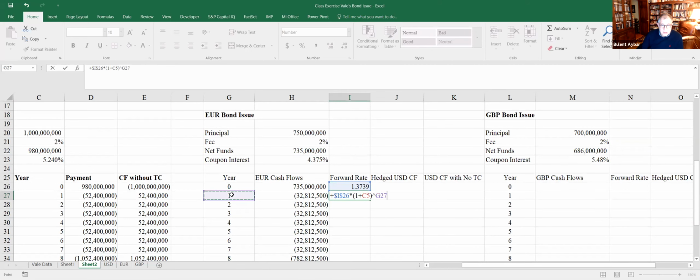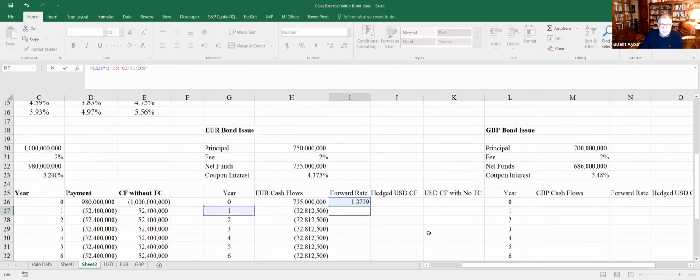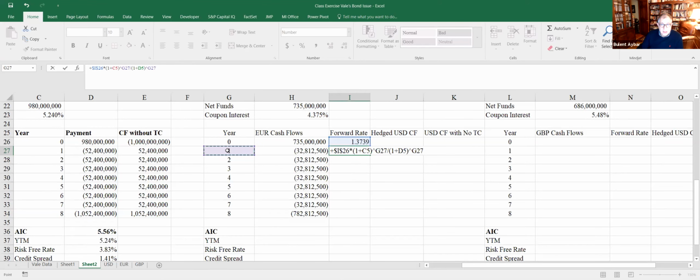We're going to divide this by 1 plus the euro interest rate, which is 1.1%, again to the power 1. So that gives us the 1 year forward rate as 1.3656. So I can practically copy through this entire stream.